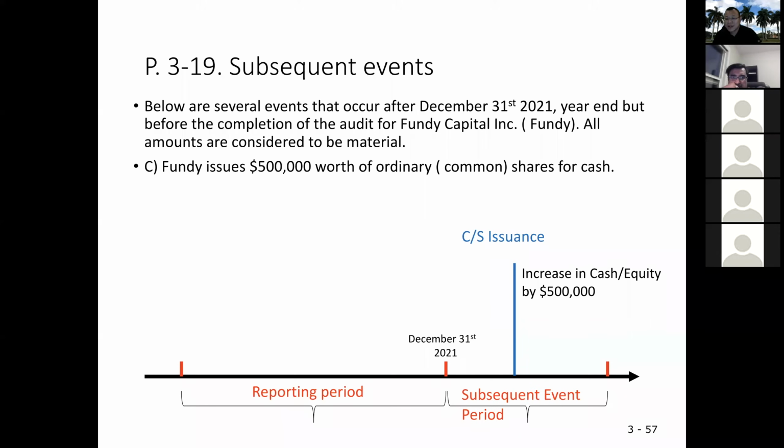You have to disclose. Yes, very good. So no financial statement adjustment, because the transaction happened after the cutoff date, right? Yes, that's right. But this is important information, so you want to disclose it.